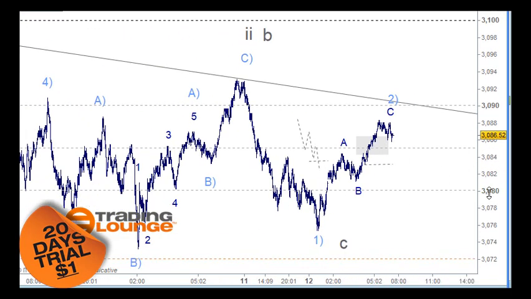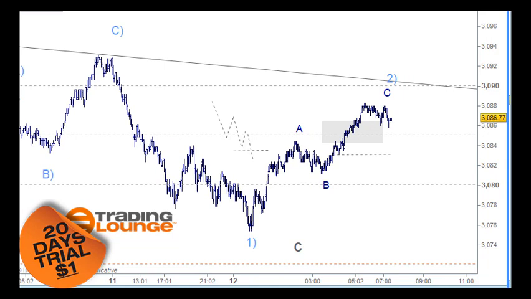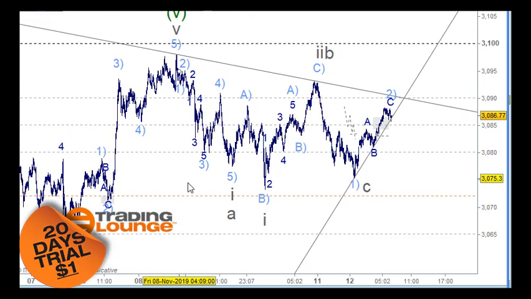Anyway, that's as close as I can get it without being silly. So that will get support there. So that's the bearish side of things.